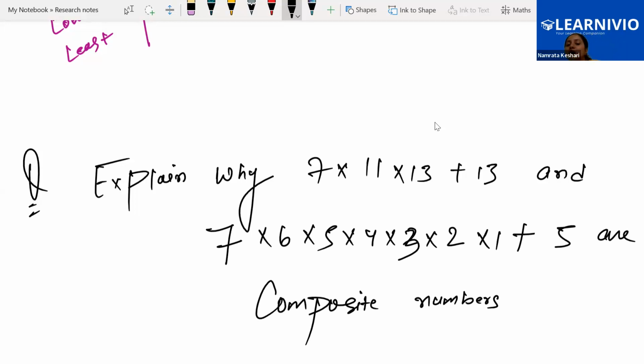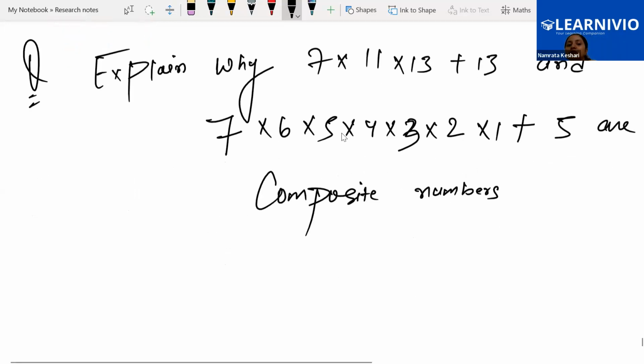Explain why these two are composite numbers. The first one and the second one, these two are composite numbers. Explain why.